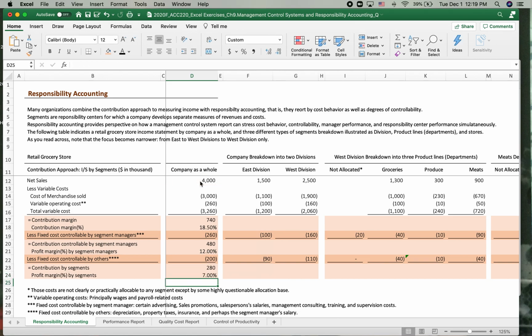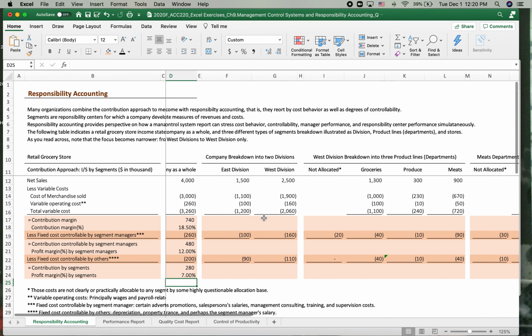The profit margin, including all the fixed cost and the variable cost, is 7%. Now, we want to break down this company contribution margin, contribution controlled by segment managers and contribution by segment into two divisions. Okay, we have the East division and the West division.